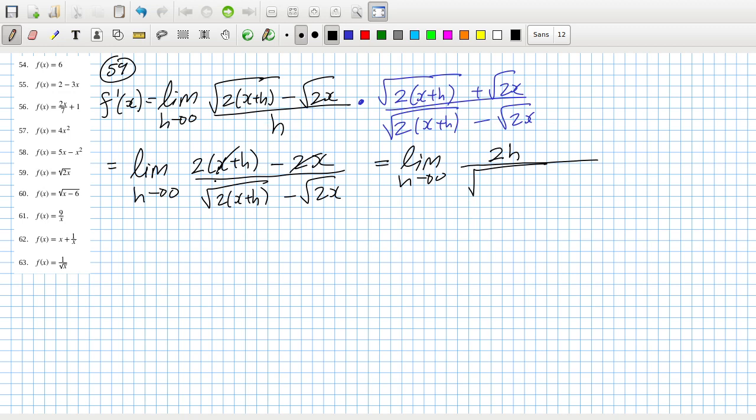I forgot my h here. There's actually an h here I forgot to carry down. So that would cancel the h that's left on the top. Root 2x plus 2h minus root 2x.